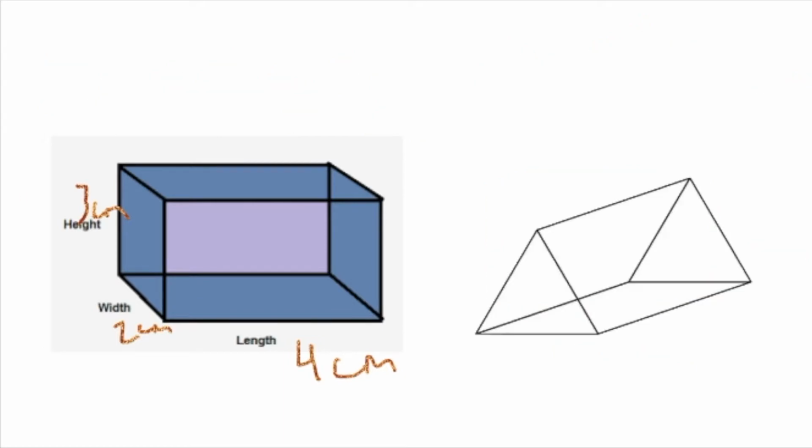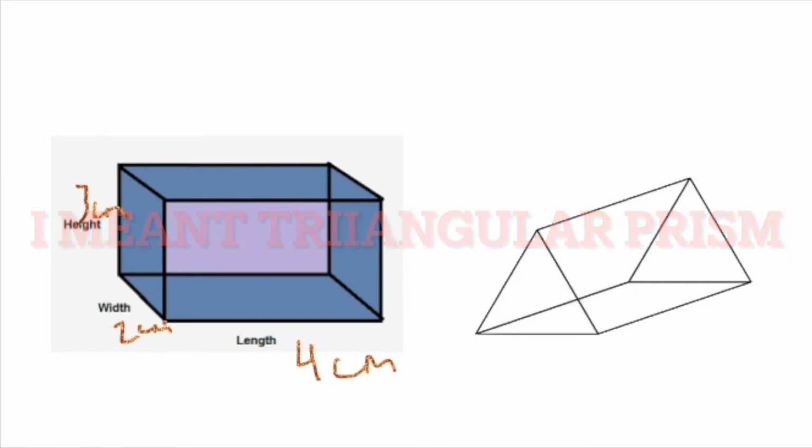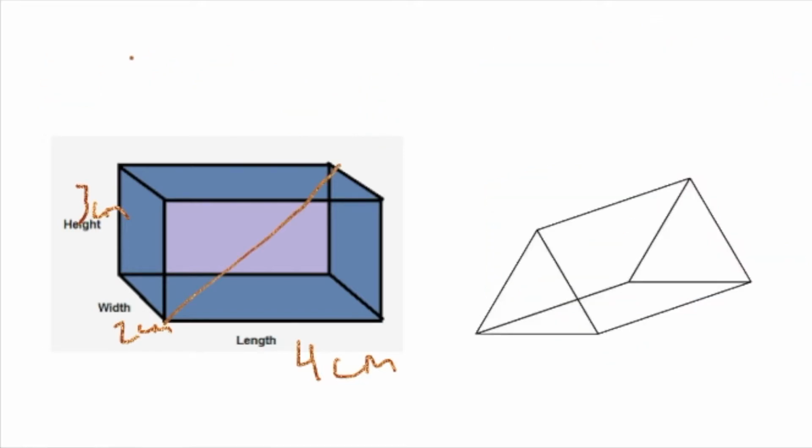All right, but what if we're looking at a triangular prism? Well, a triangular prism, if we really think about it, is just half of that. So we can cut it in half and we can do the triangular prism. How did we do that when we were cutting a rectangle in half? Well, then we would divide it by 2. It's the same here. So we would have the length times the width times the height, and then divide it all by 2.